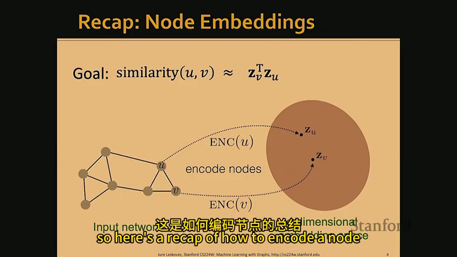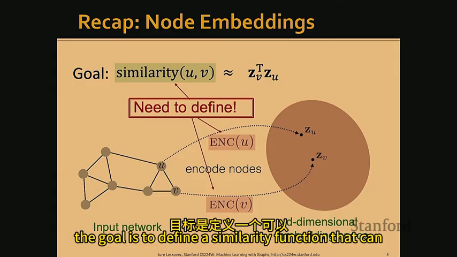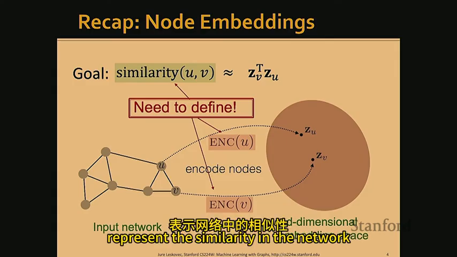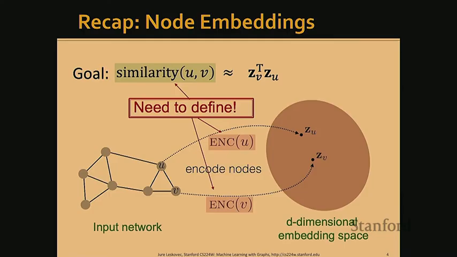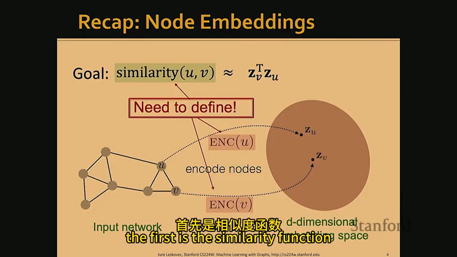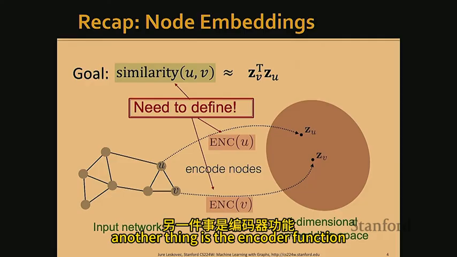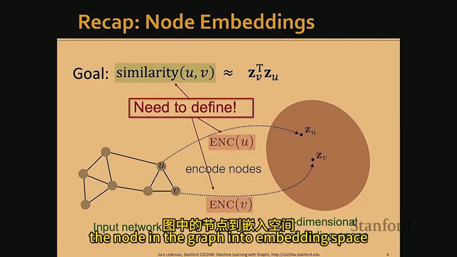So here's a recap of how to encode a node. The goal is to define a similarity function that can represent the similarity in the network, and we want to approximate it in the embedding space. We really need to define 2 things. The first is the similarity function, which represents how 2 nodes are close together in the network. The other is the encoder function, which tells us how to map the node in the graph into the embedding space.